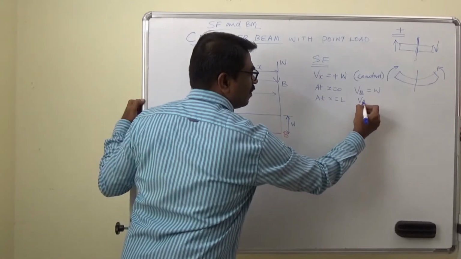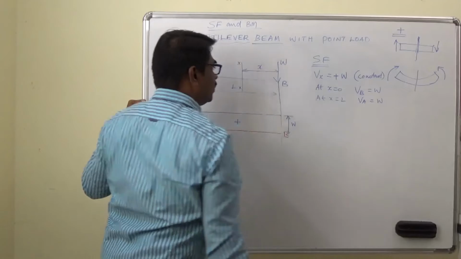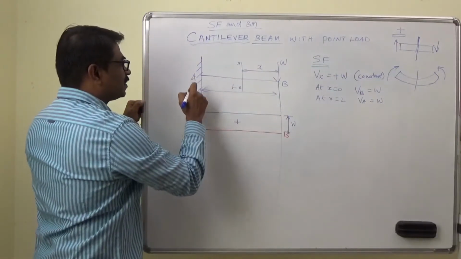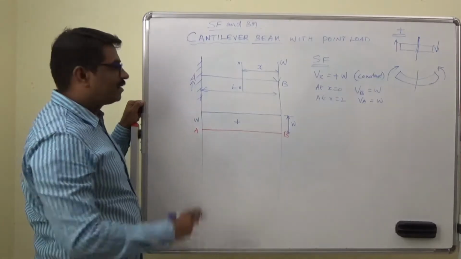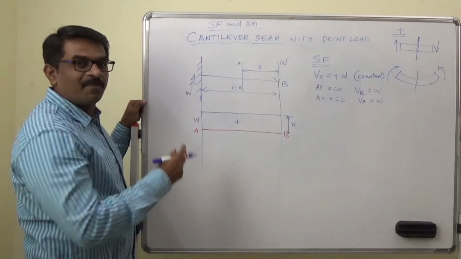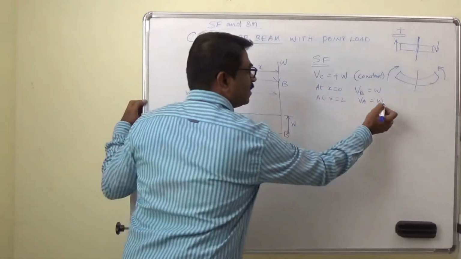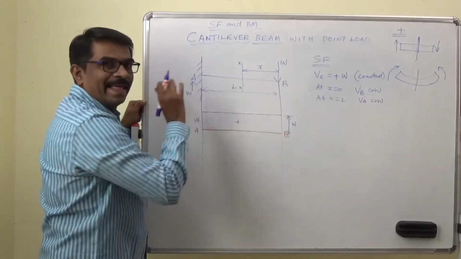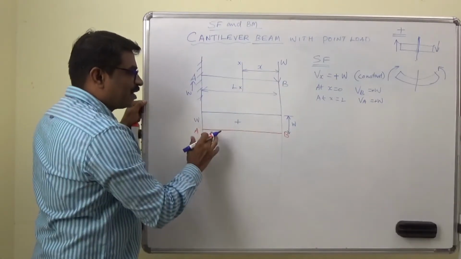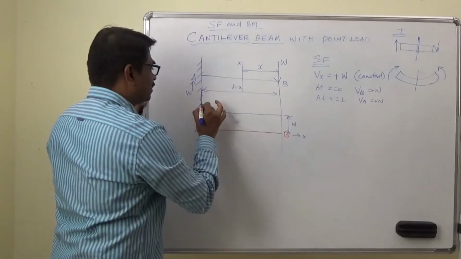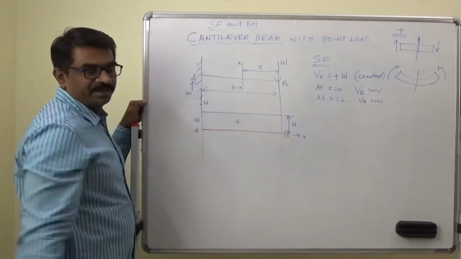So VA also will be W. If you take left hand side upward, so see the free body diagram and find out W, it is going to be upward only. So anyway you are going to get positive throughout the length.